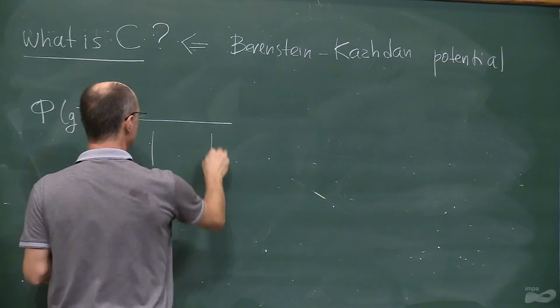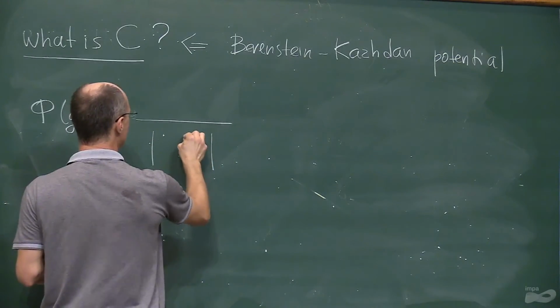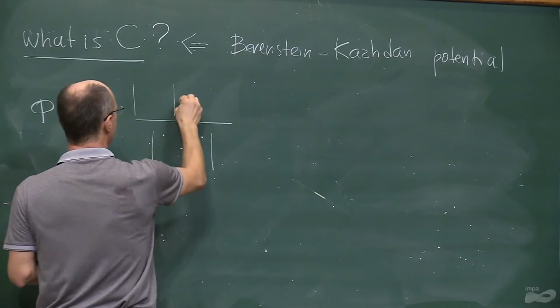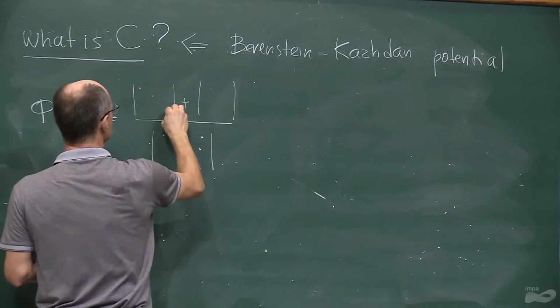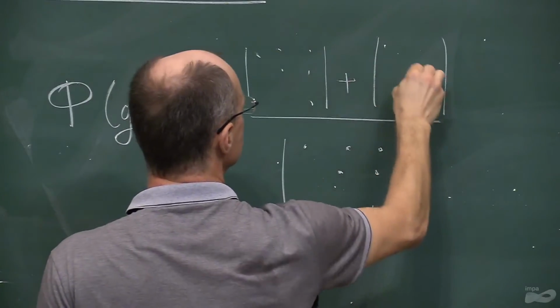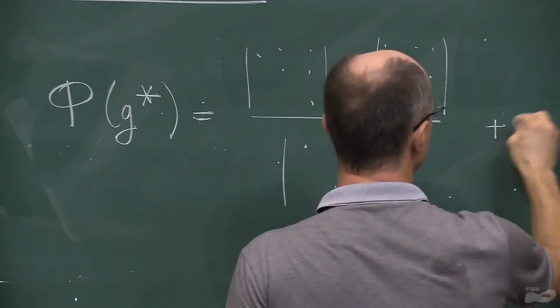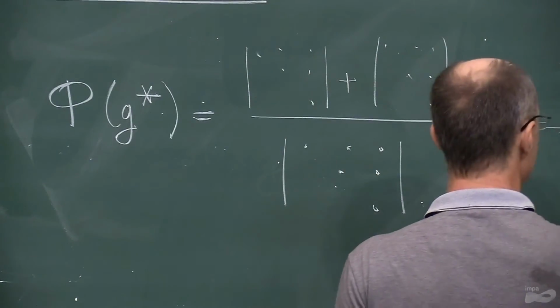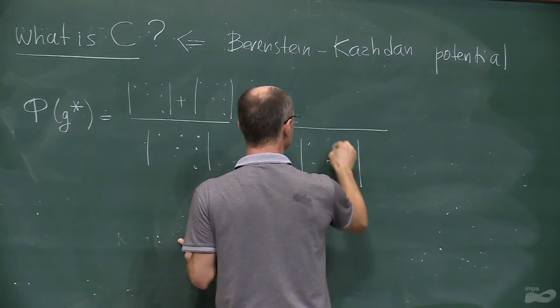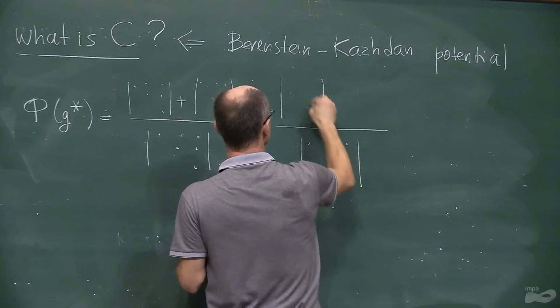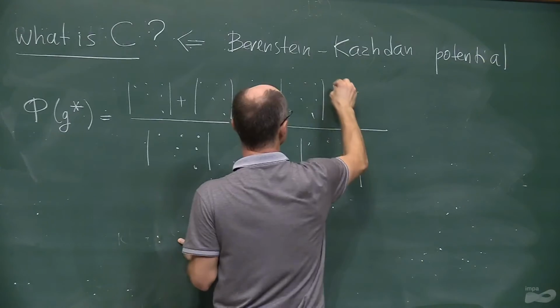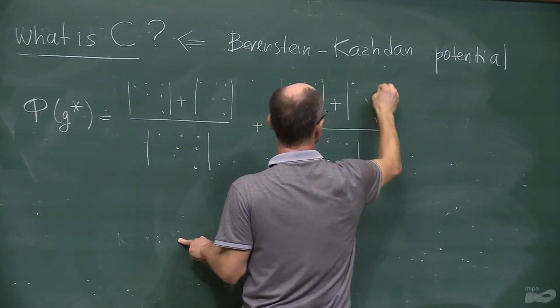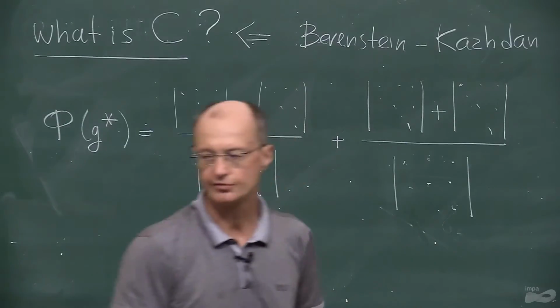So remember, we have those upper triangular matrices. And so this will be some sum of ratios of minors. So I will draw those minors for you, and then state the result.